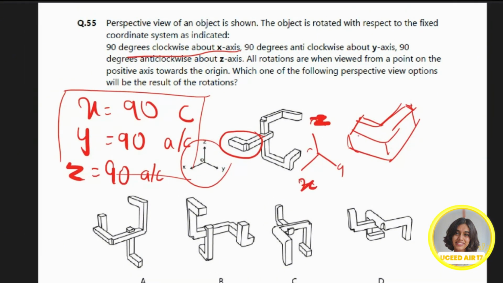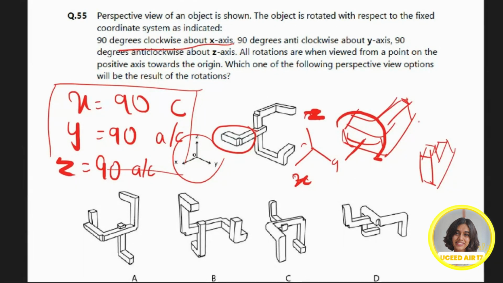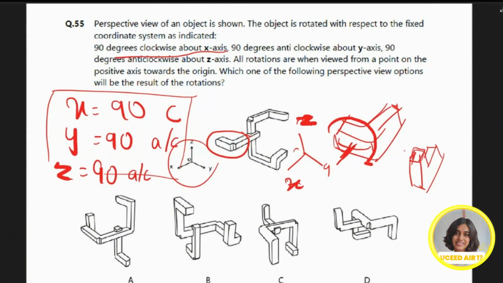z. So now if this is the x-axis and I have to rotate it around x-axis, that is 90-degree clockwise, then how will it look later? Probably like this. Will it be like this if I rotate it clockwise on x-axis? And now the next operation I have to do is 90-degree anti-clockwise on y-axis.